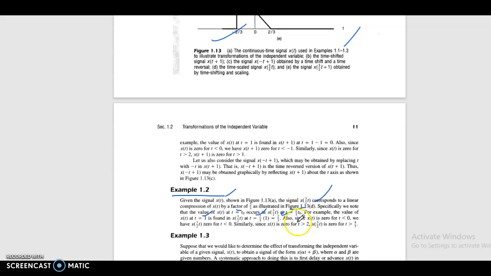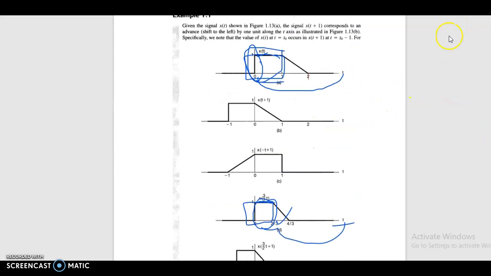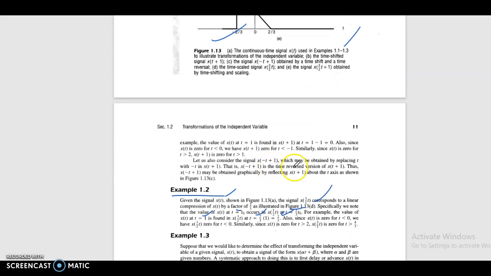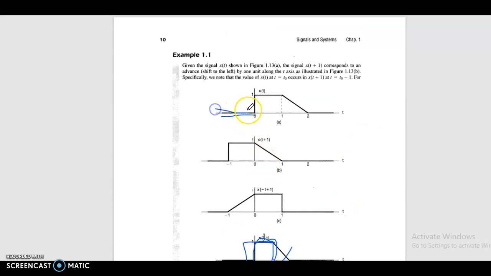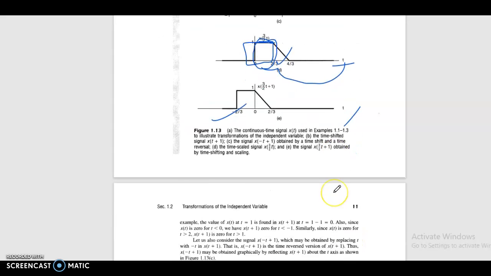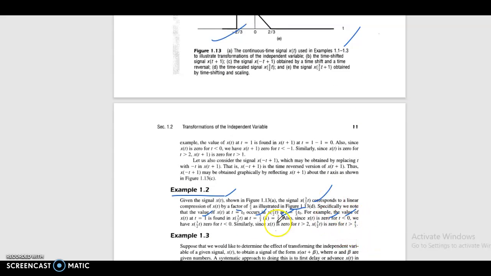Also, since x of t is 0 for t less than 0, as we have already seen in the last video, from here this part t is less than 0, x of t is also 0.